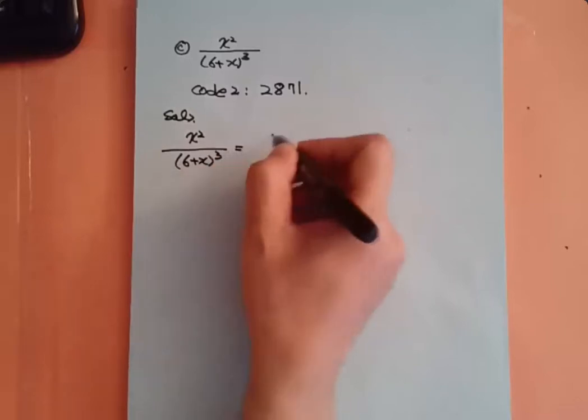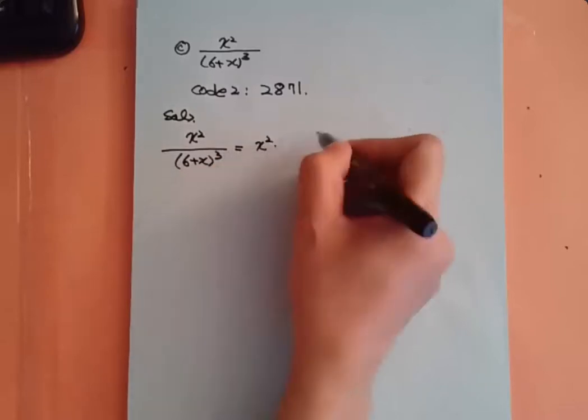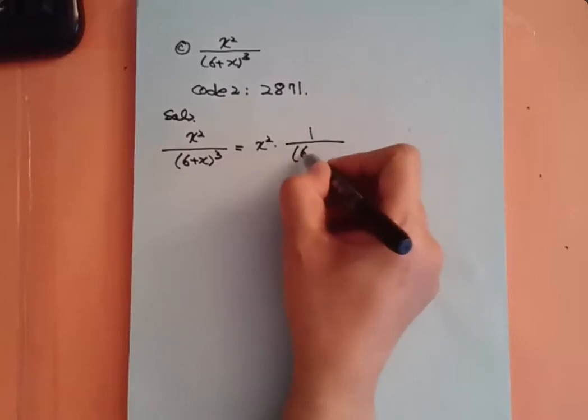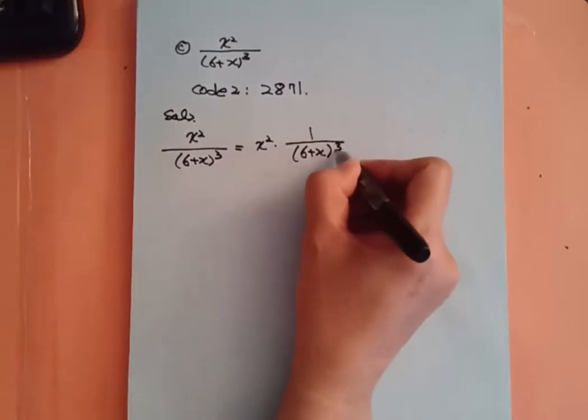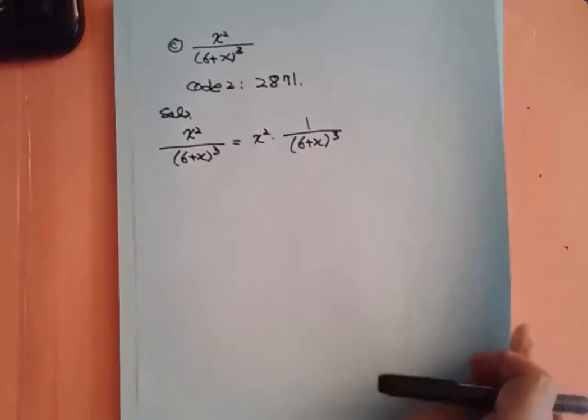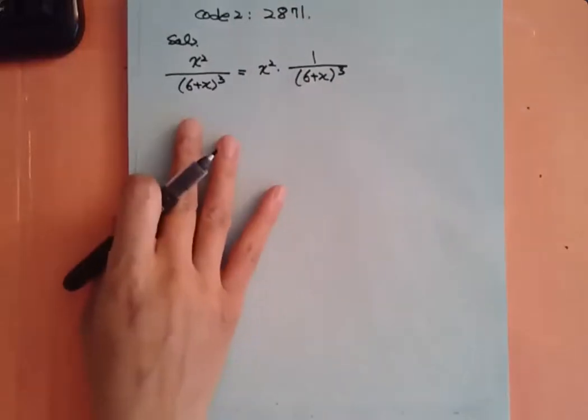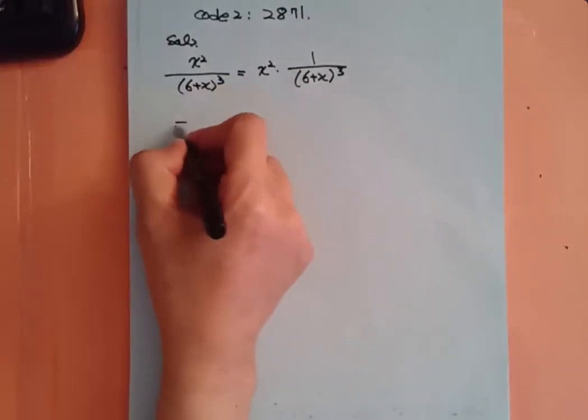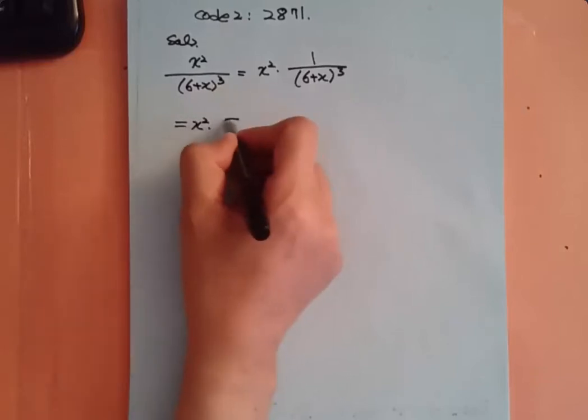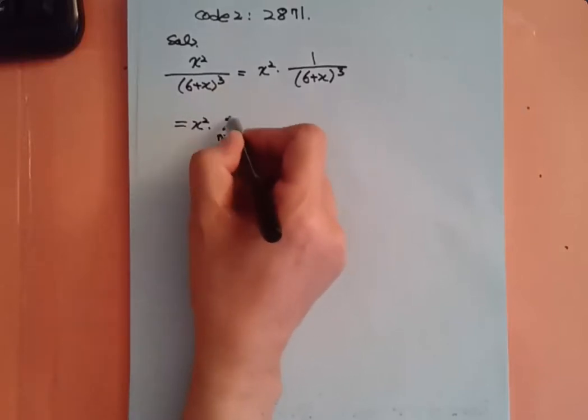And so that can be written as x squared times 1 over 6 plus x cubed. So that becomes x squared times summation n equals 0 to infinity.